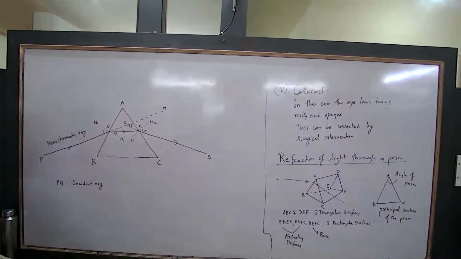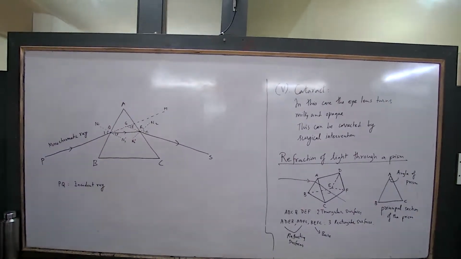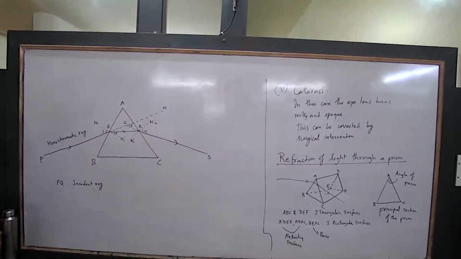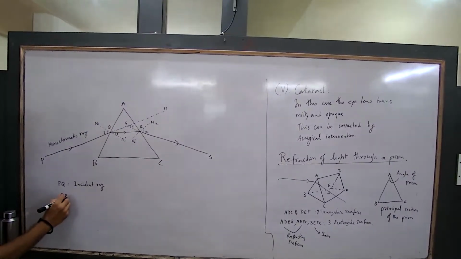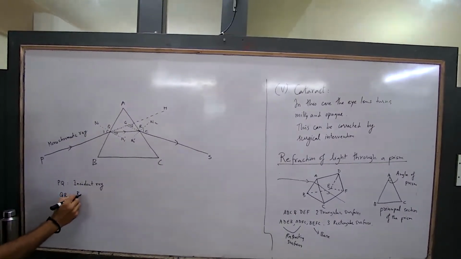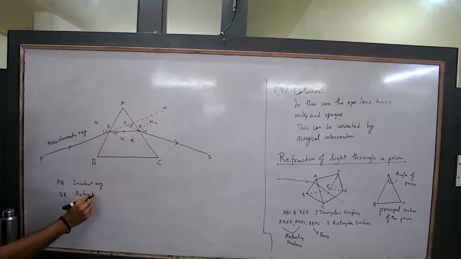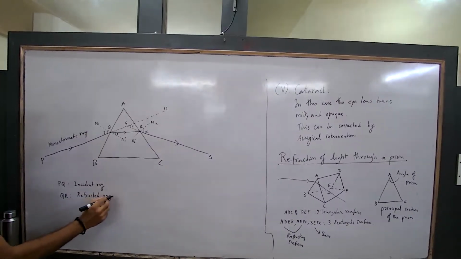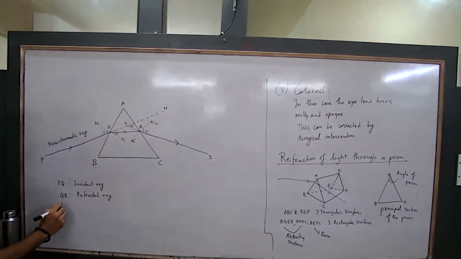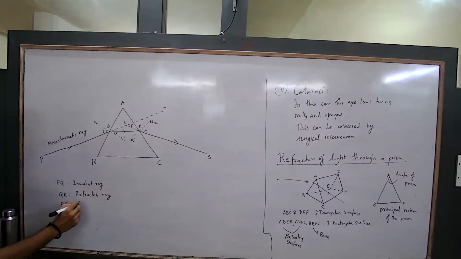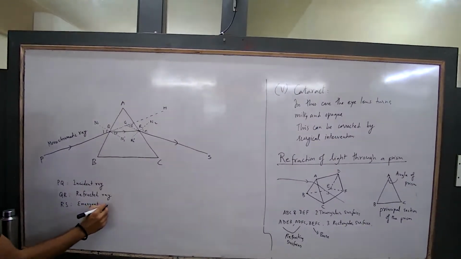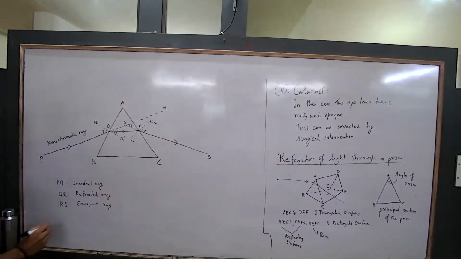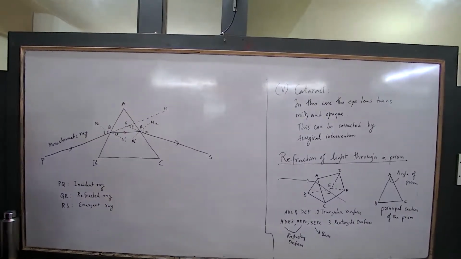PQ is incident ray. Then what do you have? QR. What is QR? Refracted ray. What is RS? So have we covered all the rays?